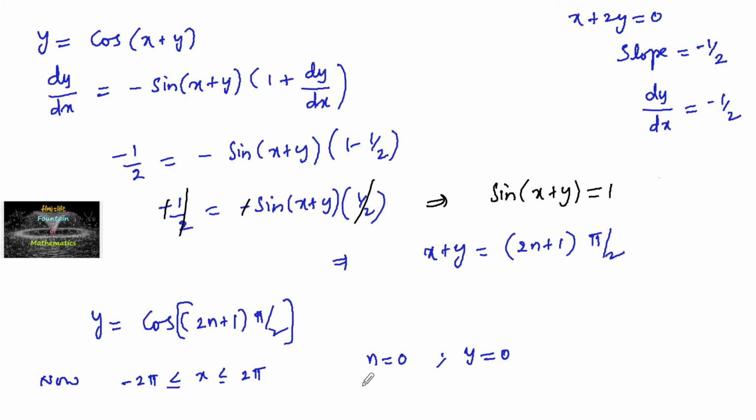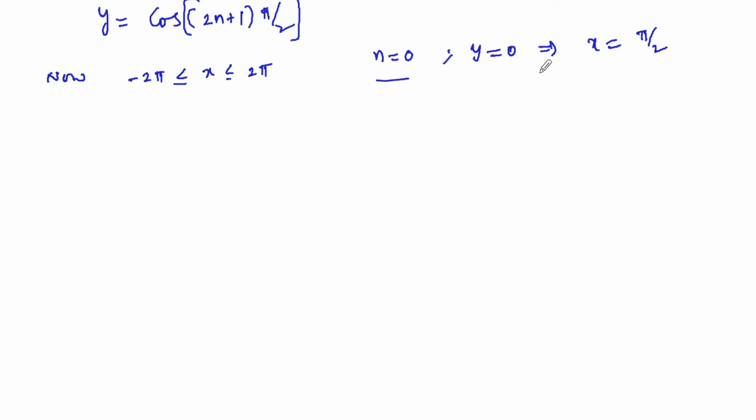When n is equal to 0, y is equal to 0, so x is equal to 1 times pi by 2. So for n is equal to 0 and y is equal to 0, x is equal to pi by 2, so we are getting one point, pi upon 2 comma 0.